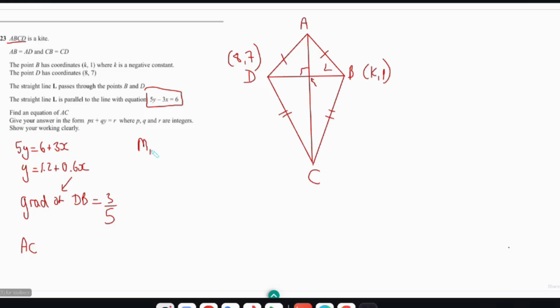So m1 times m2 equals -1. One of the gradients is 3/5. Let's divide both sides by 3/5. So the gradient of AC is equal to -5/3.